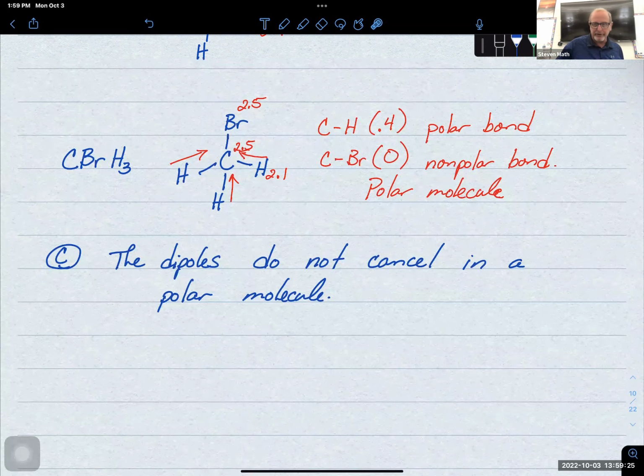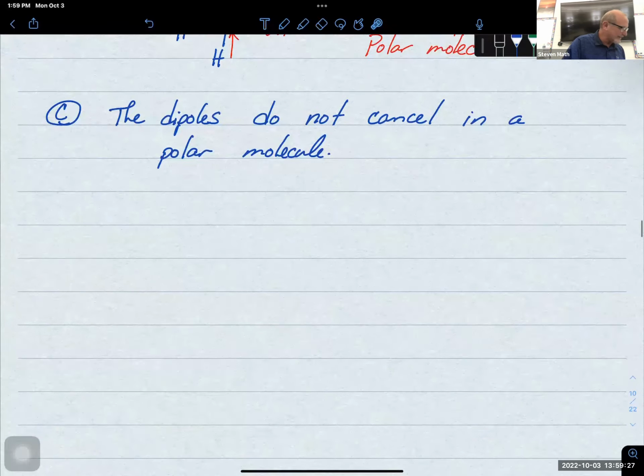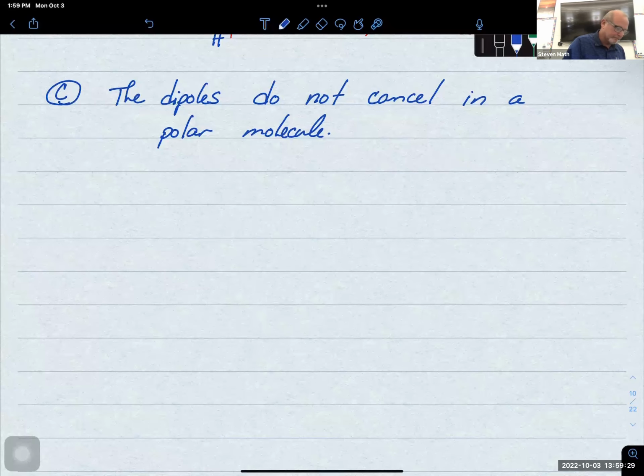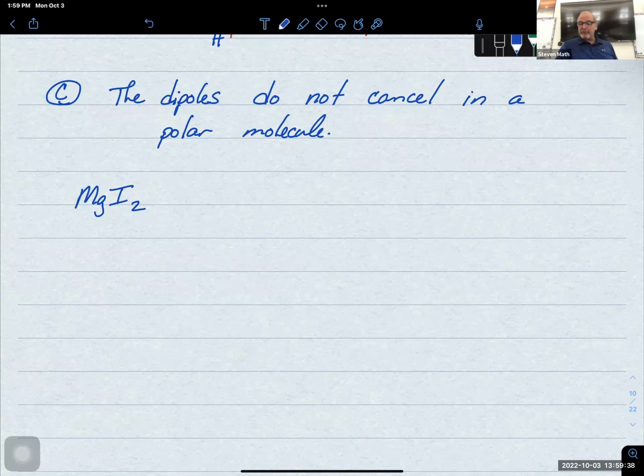Let's look at another example. If we take MgI2, magnesium can make 2 bonds because it's in the second column. Iodine can make 1 bond. It's in group 17.